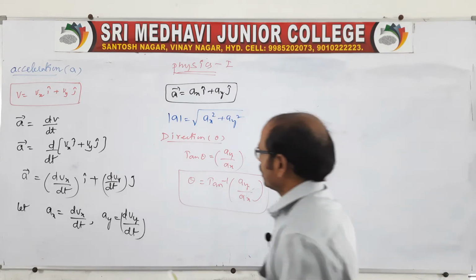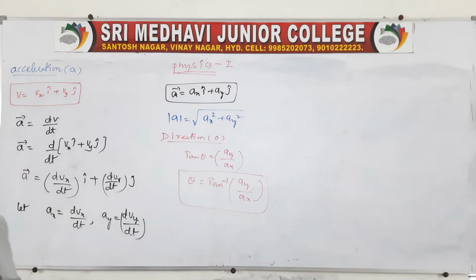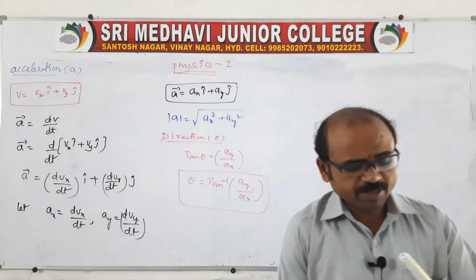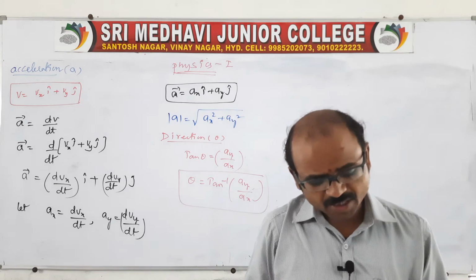Let me tell you one problem based on this. In our Telugu Academy textbook, there was one question given based on this motion in a plane. I'll read the question.